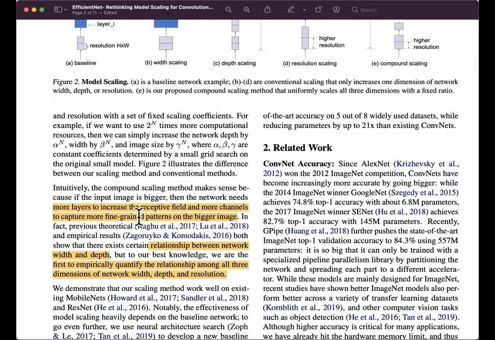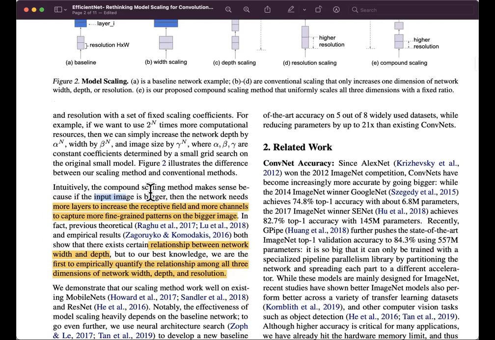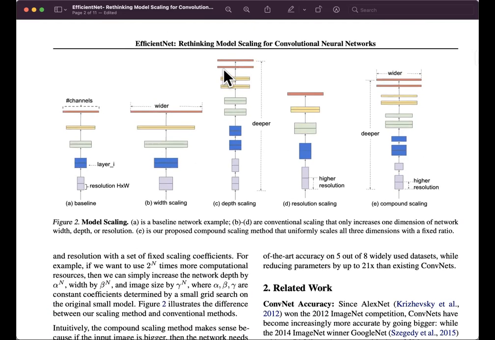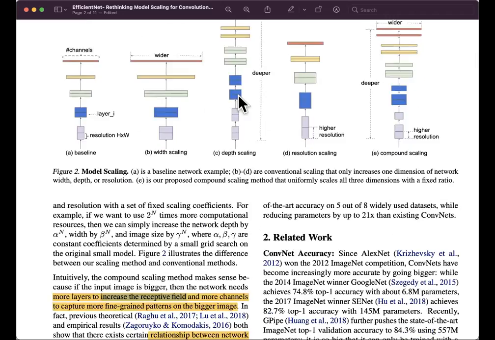For instance, if the input image is bigger, then the network needs more layers, which is depth. We need to scale the depth, and it will also increase the receptive field if we go deeper. Some activation neurons in deep layers correspond to a larger receptive field in the earlier layers.